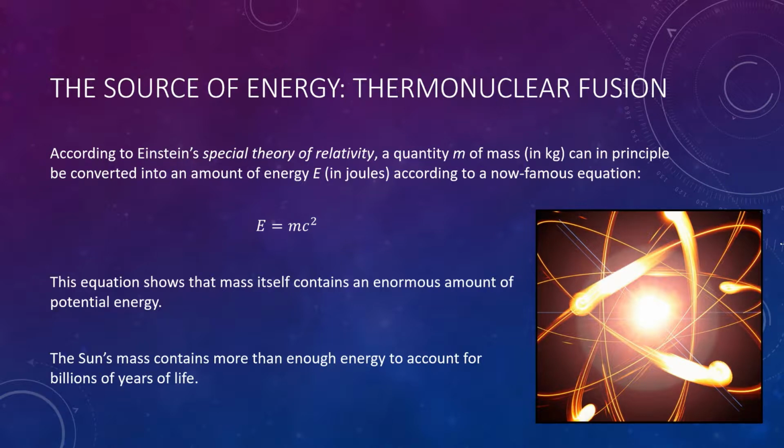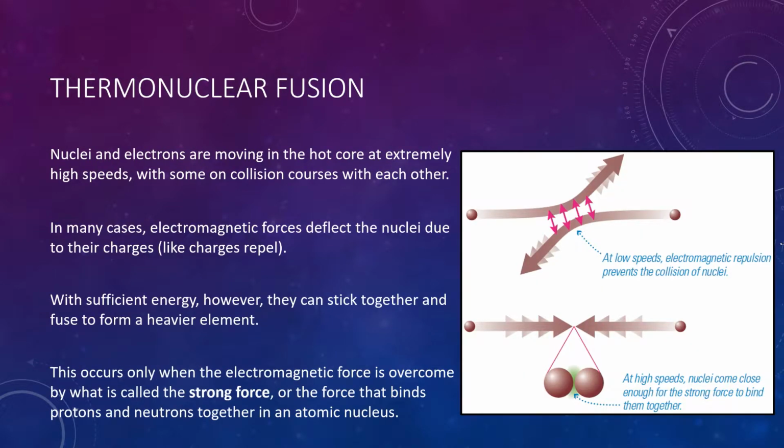Calculations immediately showed that the sun's mass contained more than enough energy to account for billions of years of sunshine, if the sun could convert the energy of mass into thermal energy. Fusion occurs within the sun because the 15 million degree Kelvin plasma in the solar core is like a soup of hot gas, with bare, positively charged atomic nuclei and negatively charged electrons whizzing about at extremely high speeds.